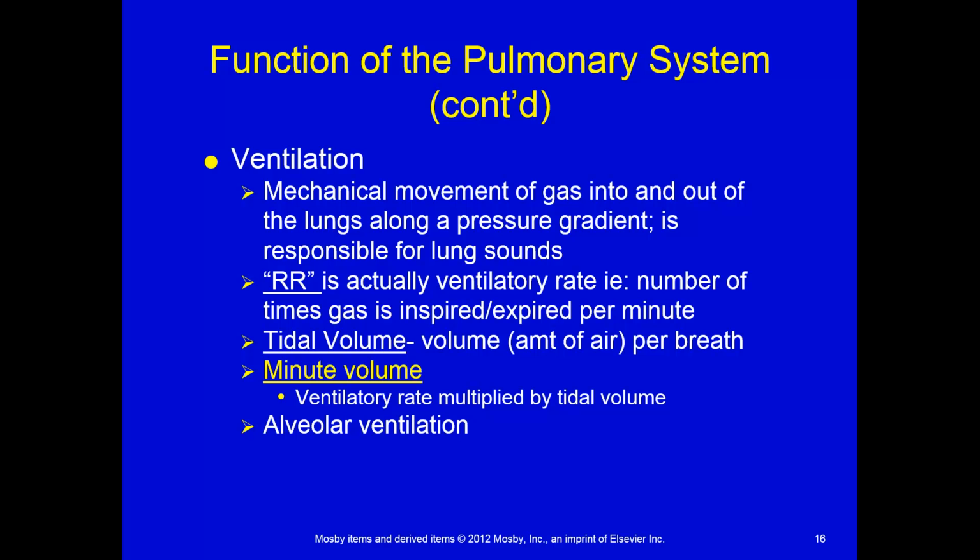We know that when CO2 builds up, it can make someone very acidotic and change their pH, right? So alveolar ventilation can also tell us about the CO2 content as well. Not only do we need to have adequate O2 coming in, we also need adequate CO2 going out.